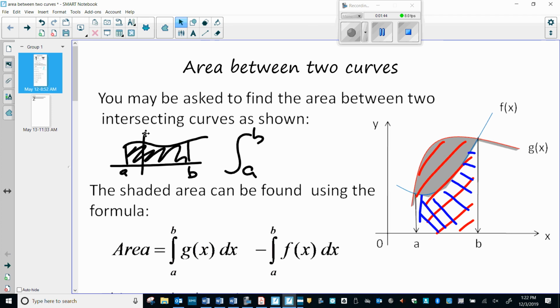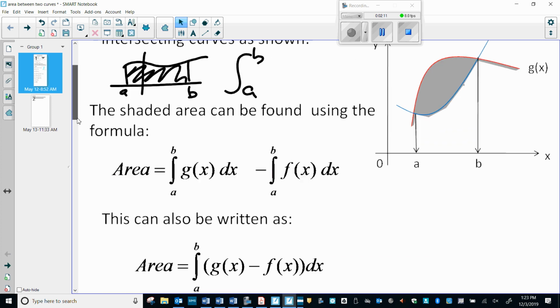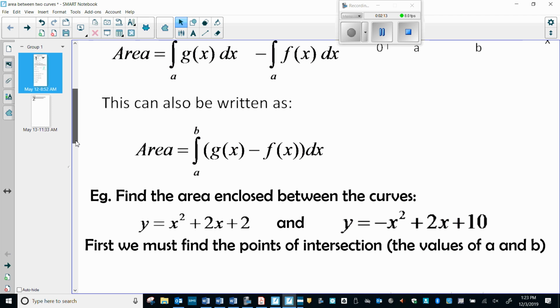You need to notice here that g is the one on top. If you haven't got a diagram, you need to use your knowledge of functions to decide which function is going to be on top and which one underneath.